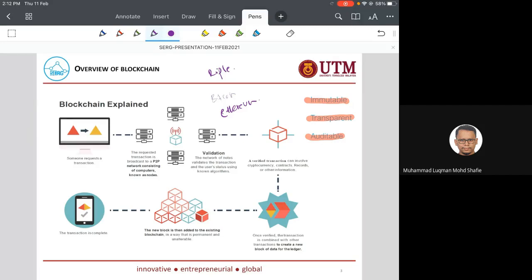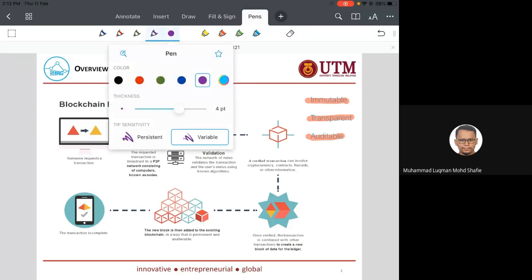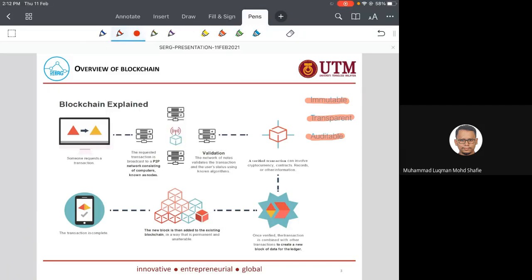This is just a brief view of the blockchain explained, showing how a transaction occurs. For example, someone requests a transaction, whether it is currency, supply chain, or supply chain food, anything.